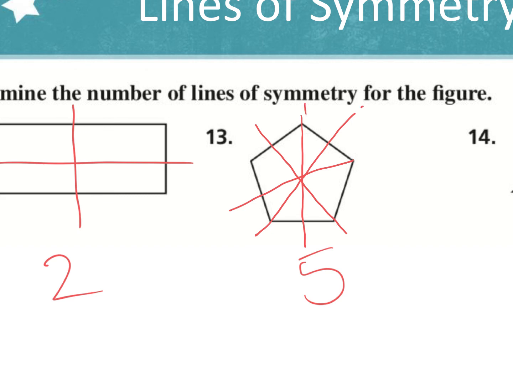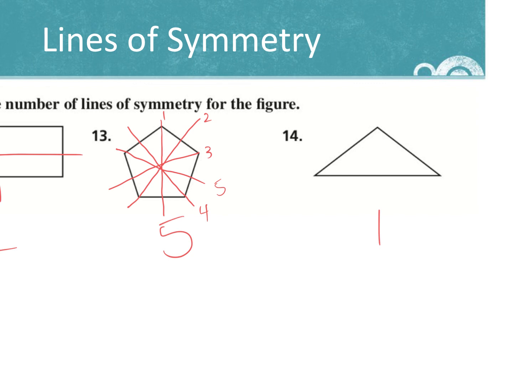Yeah. 1, 2, 3, 4. Oh, did I say 5? Whoopsies. I missed one. Yeah, there's one over here. There's 5. You see it now? Practice. You gotta practice it, okay?